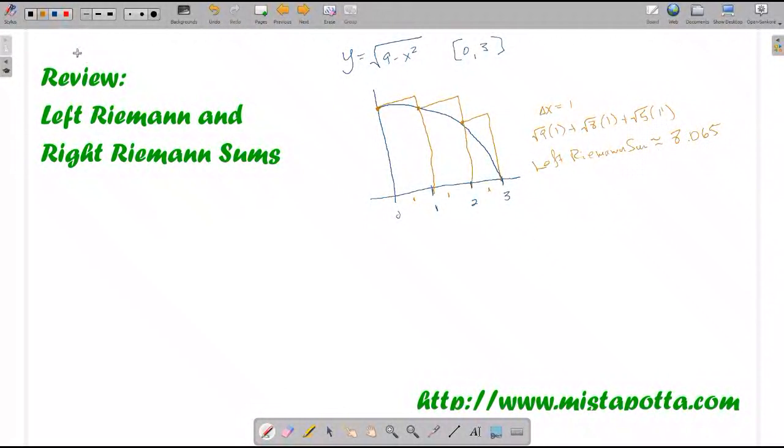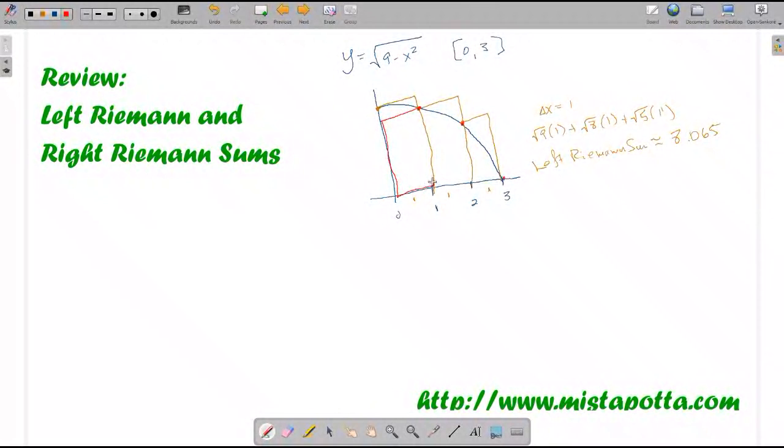And if I wanted to evaluate my right-hand Riemann sum, that means I'm going to be using the right-hand endpoints for each of these intervals. In other words, my function defined at 1, my function defined at 2, and my function defined at 3. And when I draw these rectangles, I notice some repetition here.